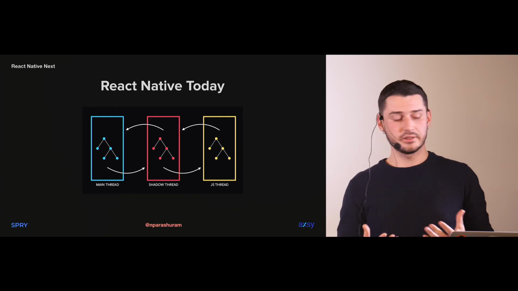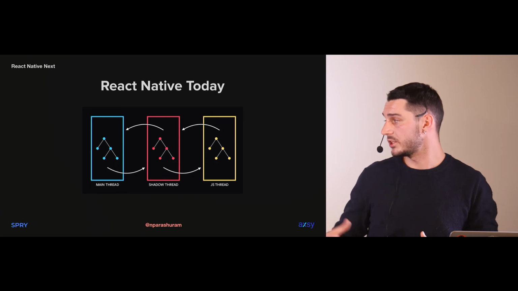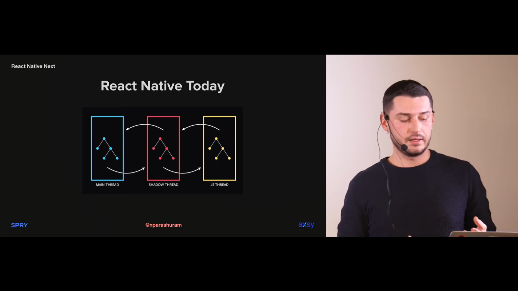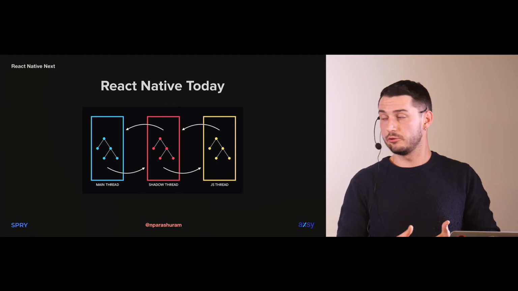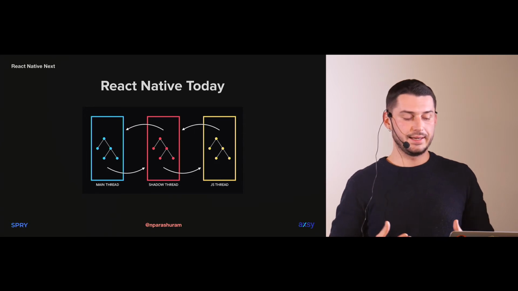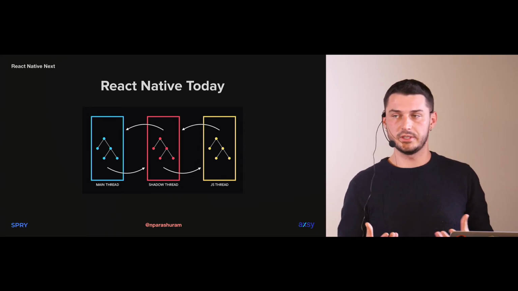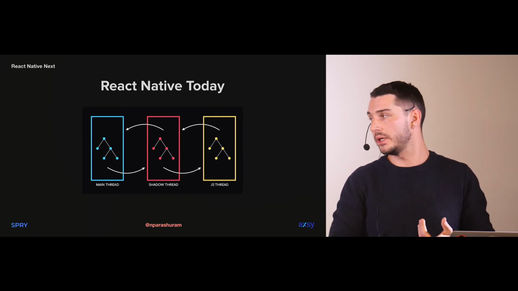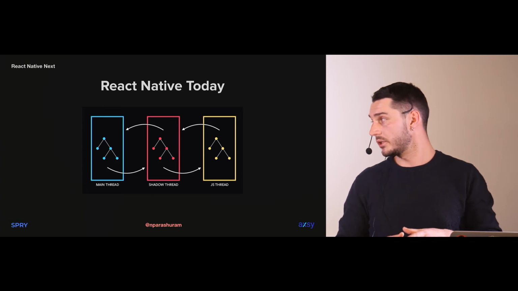You also can't synchronize layout between frameworks because layouts are actually computed in the shadow thread. There is a problem with the lifecycle of each native module because their lifecycle is tied to the bridge. And more importantly, JavaScript is blocked on native initialization. Every time a new manager or native module is initialized, your JavaScript thread is basically blocked.